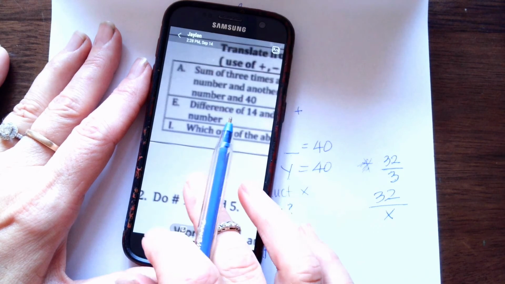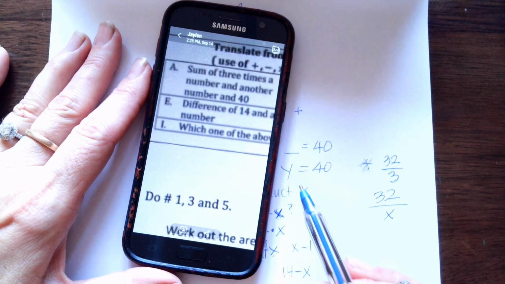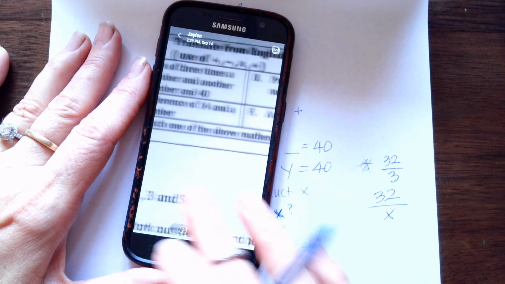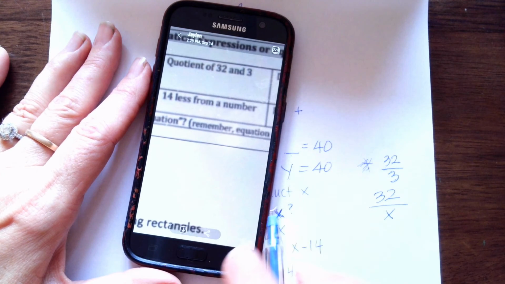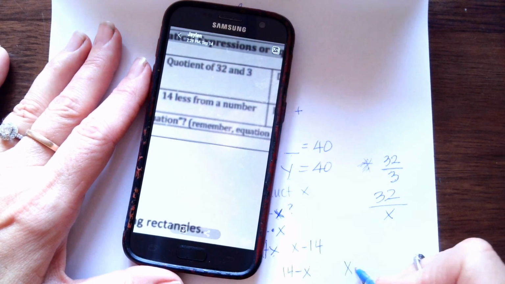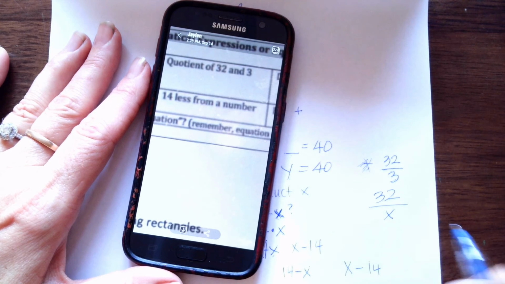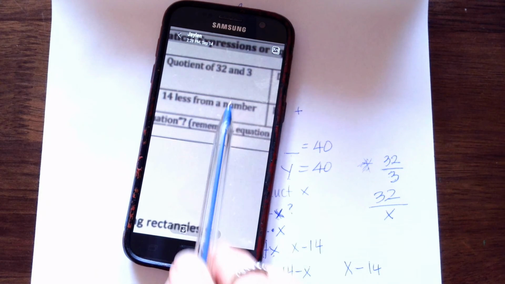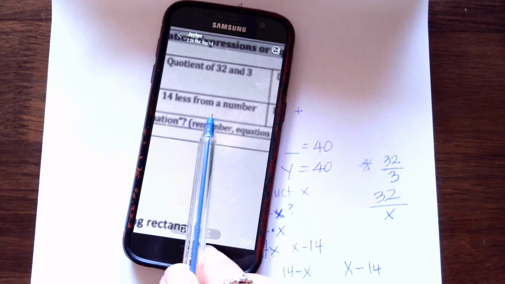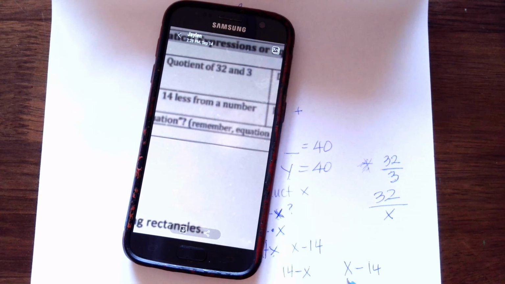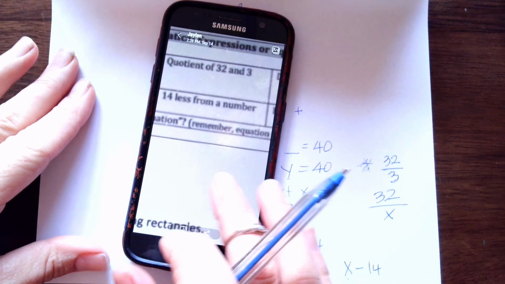This one said that there's 14 and a number. 14 less from a number is x minus 14. So we have a number and you're taking 14 less from that number. So the x comes first in that case.